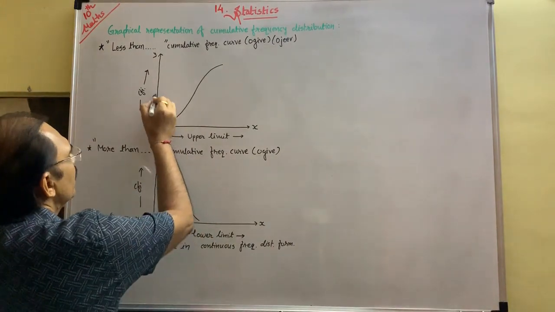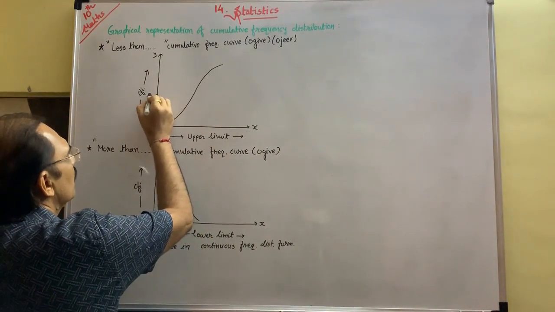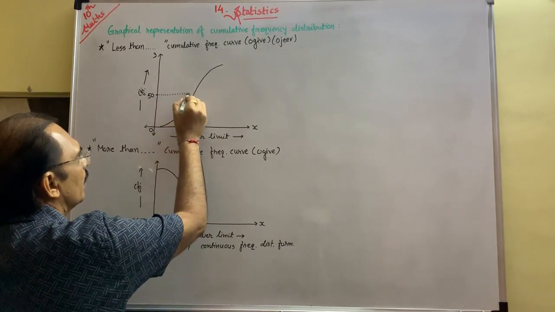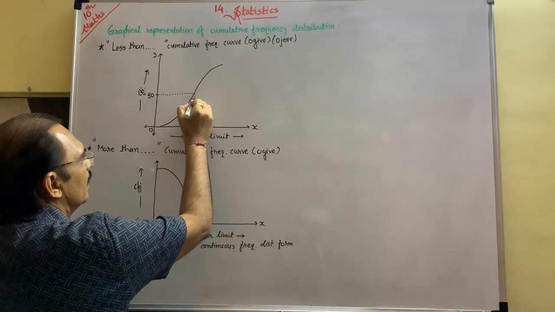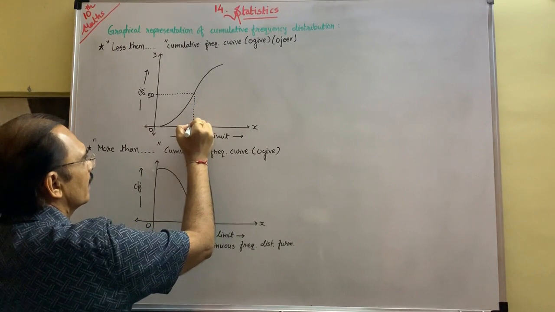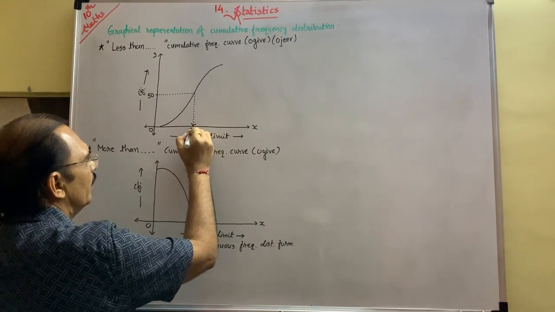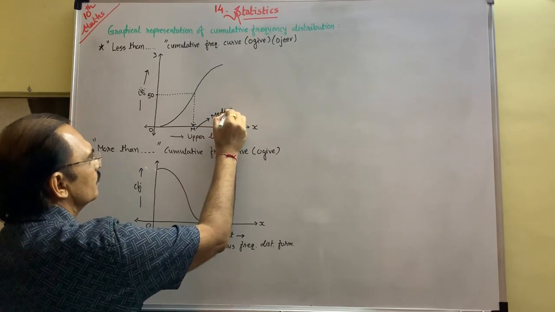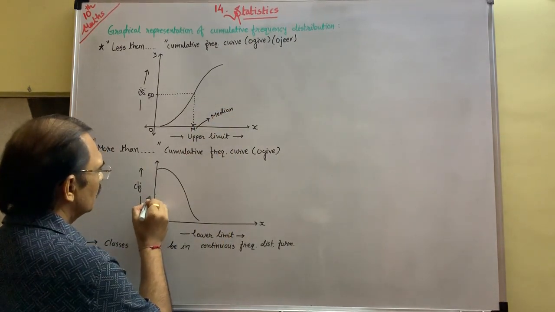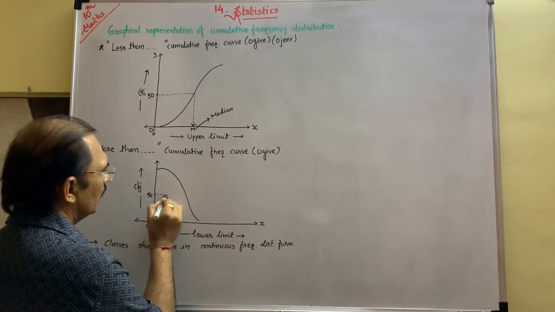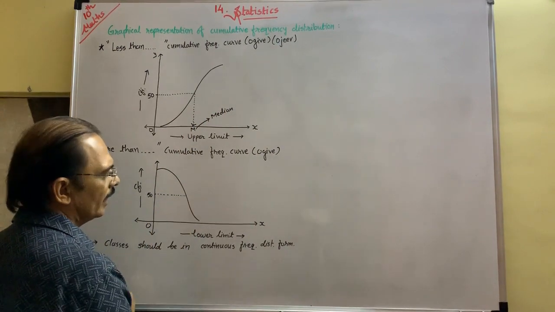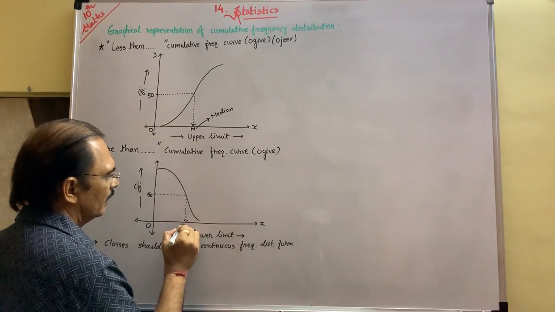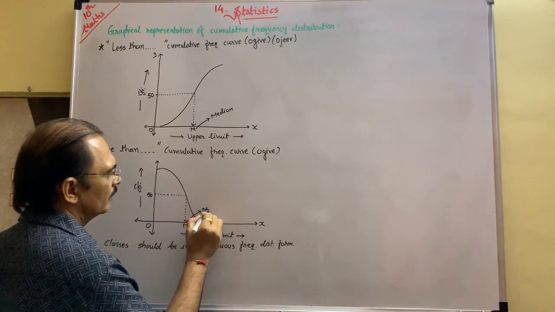So in cumulative frequency, suppose this is the 50th observation, then draw a parallel to the x-axis and then draw a perpendicular on the x-axis. This gives you the median. In the same manner here also, suppose 50 is here, then you draw a parallel line to the x-axis and then a perpendicular on the x-axis, which gives you the median.